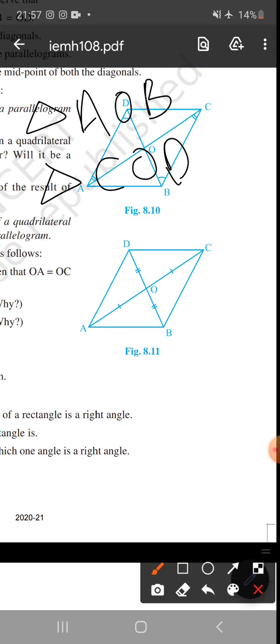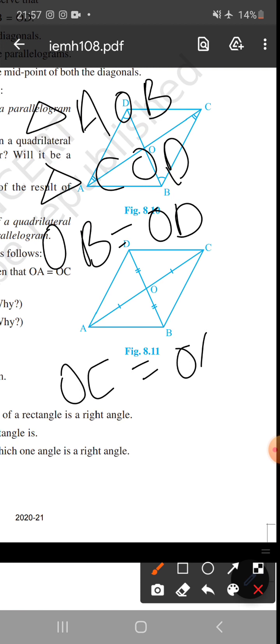In this we are given that OB is equal to OD, OC is equal to OA, and these two angles are vertically opposite angles. So by side angle side congruency, these two triangles are congruent.